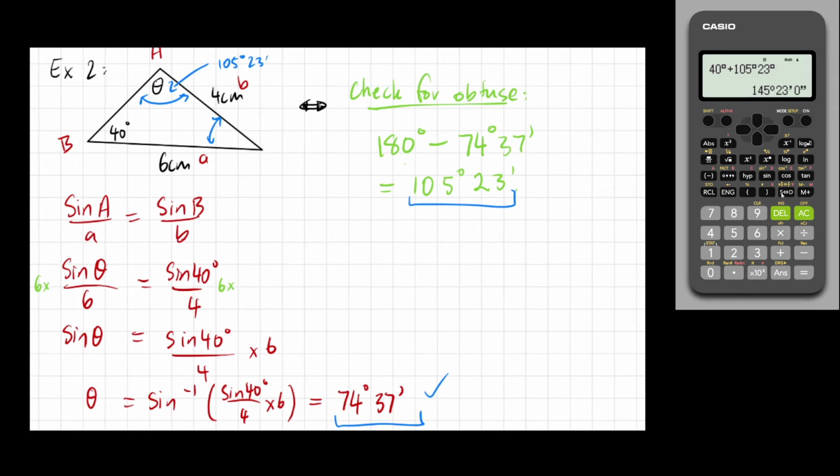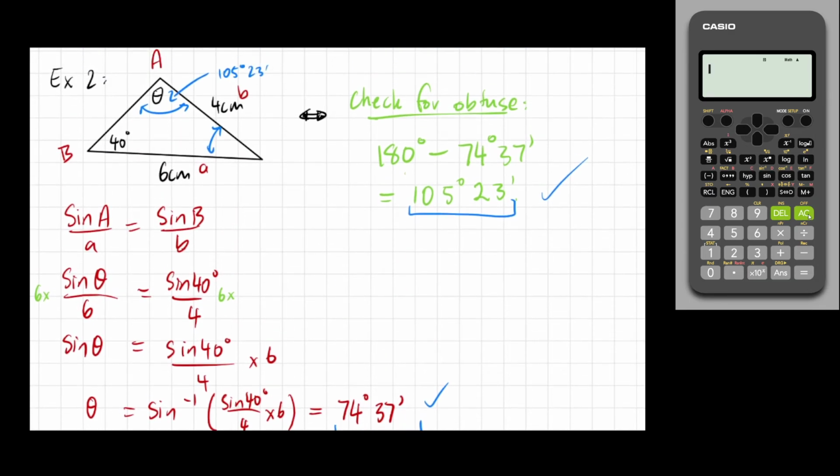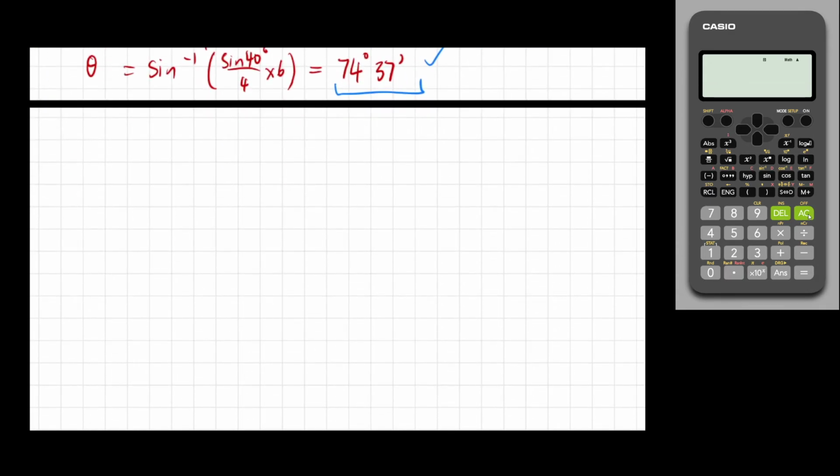Well, then it adds up to 145, and that means this does make a triangle that works. So we can actually make two triangles that have the dimensions 4 centimeters, 6 centimeters, 40 degrees, with two different theta angles.